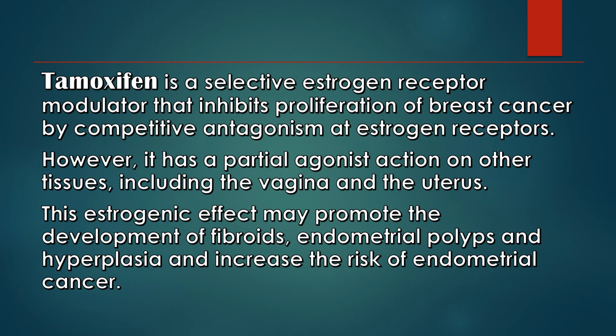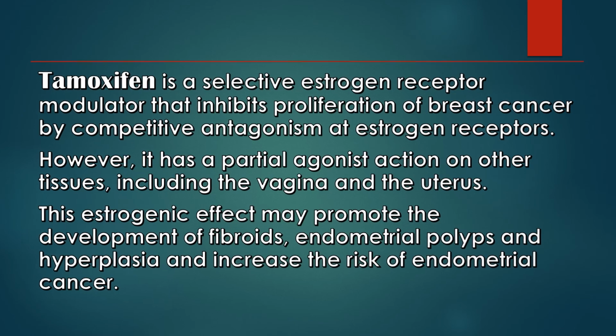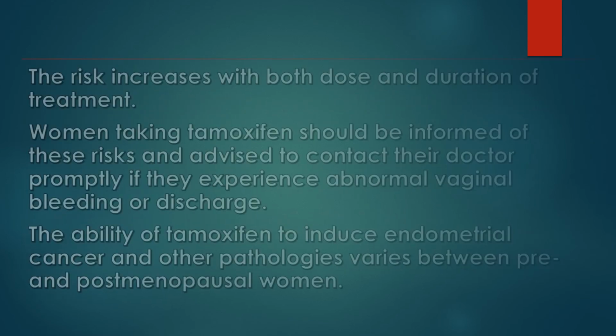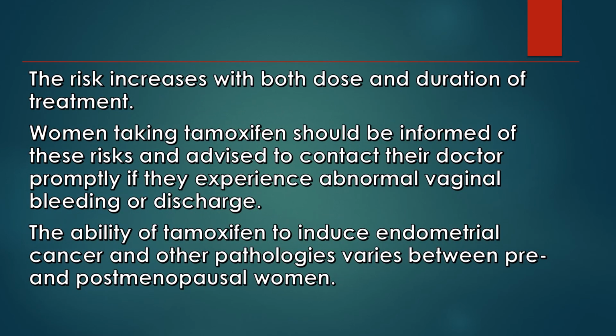This estrogenic effect may promote the development of fibroids, endometrial polyps, and hyperplasia, and increase the risk of endometrial cancer. The risk increases with both dose and duration of treatment. Women taking tamoxifen should be informed of this risk and advised to contact their doctor promptly if they experience abnormal vaginal bleeding or discharge.